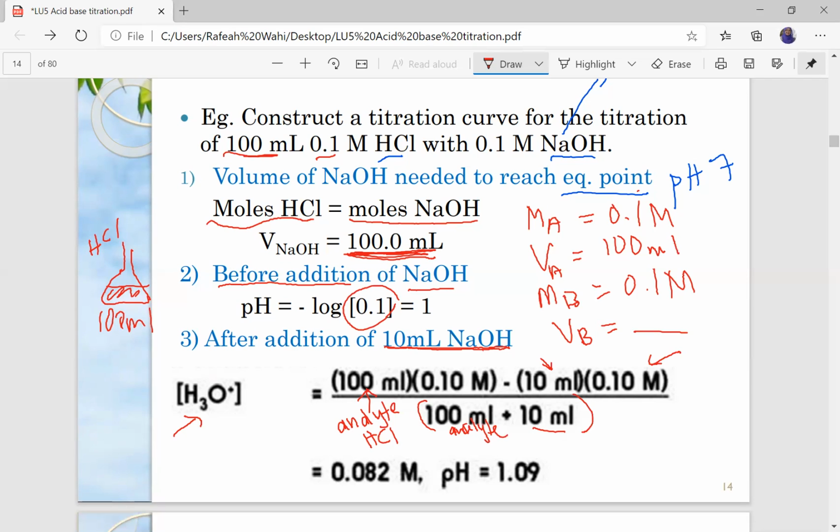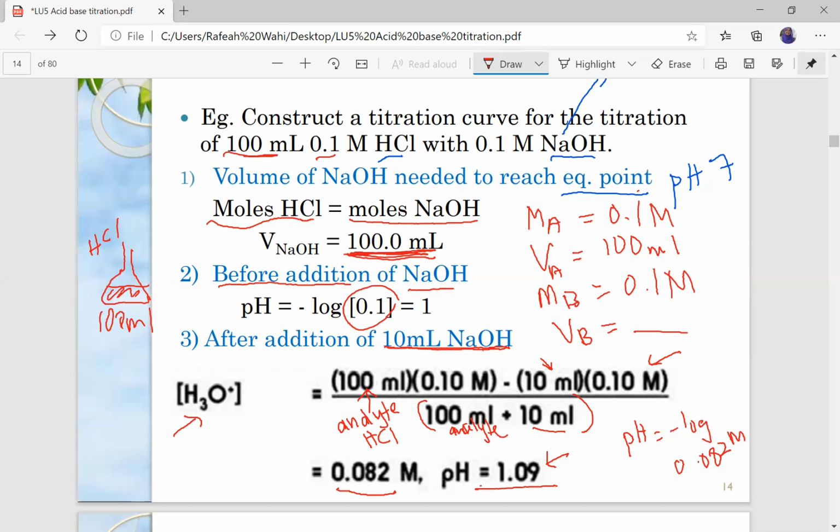So from here, you get the concentration of hydronium ion, 0.082 molar. Then you can calculate the pH using pH equals negative log of 0.082 molar, which is 1.09. This is an acidic pH, so your answer should be okay, because before reaching the equivalence point, the pH should be acidic.